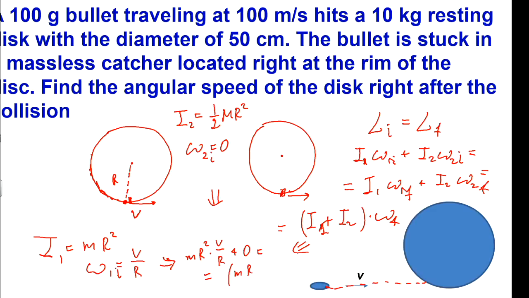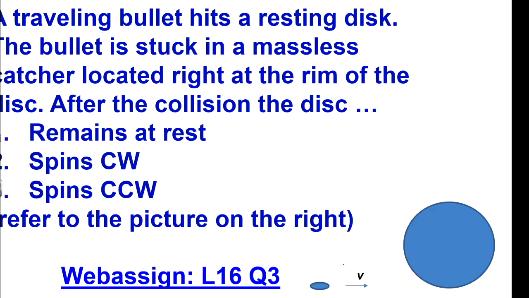Little m r squared plus 1/2 big M r squared times that final combined angular velocity. At this point, all we have to do is plug in numbers and solve it. In terms of direction, of course, if it hits here, the catcher axis is going to start traveling in that direction, as you saw. It doesn't really matter in this situation if it gets caught or bounced back. For the disk, it doesn't matter. The disk will still travel.